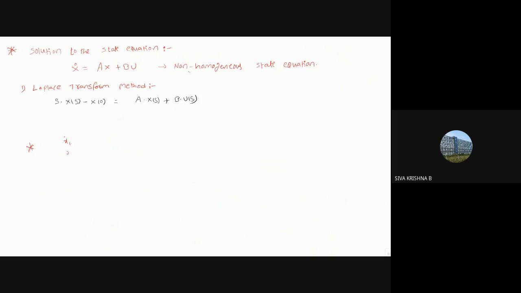X1 dot, x2 dot equals to 0, 3, minus 2, minus 1 times X1, x2, plus B is 1 more, and y equals to 2, 1 times x1, x2. Find the transfer function.